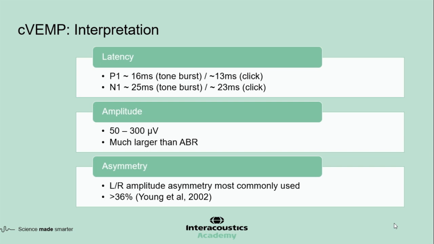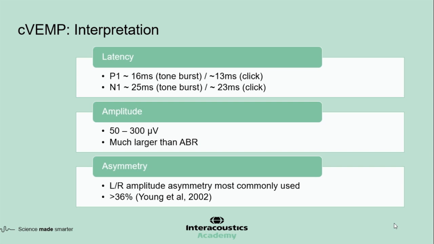We mentioned latencies and amplitude. Again, this varies between subjects, but within subjects they tend to be quite symmetrical, other than with pathology. So we're looking at much larger amplitudes, anywhere between 50 and 300 microvolts. Most commonly, we will have been using VEMP to look at asymmetry, a bit like a caloric response or a vHIT response, comparing one otolith system with the other.